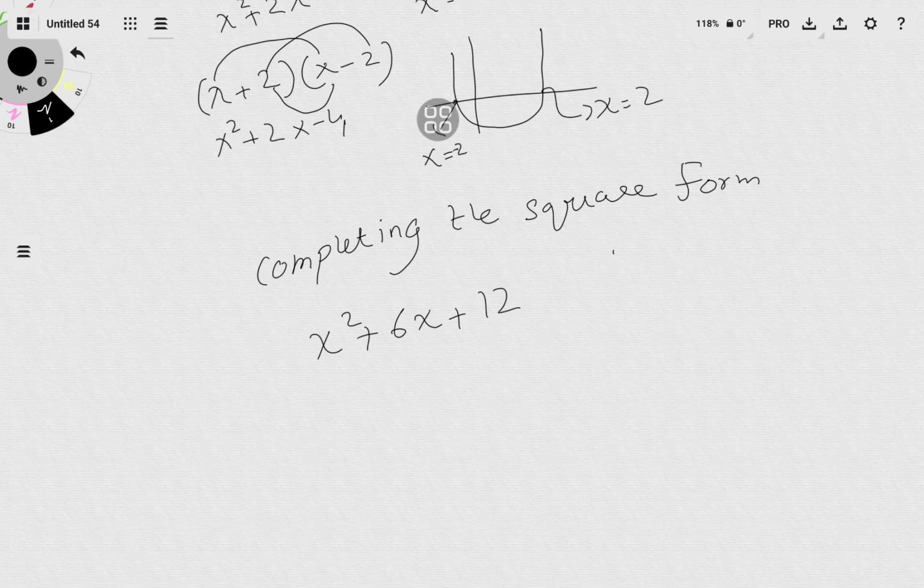So we have to give it this form: x plus a square plus b.